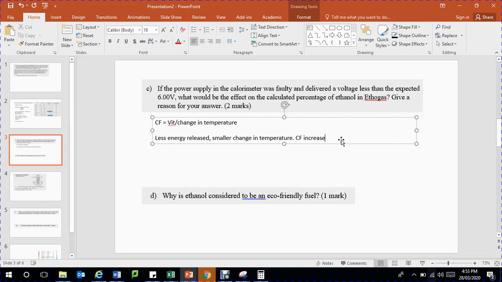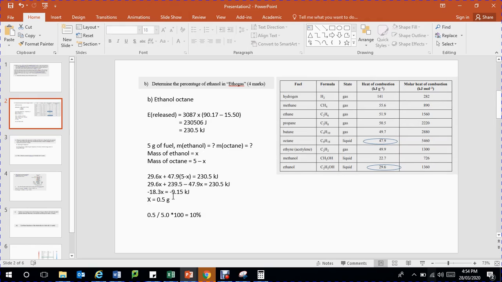Because of that calibration factor increasing, that means that when I calculate the energy content of my ether gas, that's going to be larger. Now, if we looked at our ether gas from our calculations previously, in that 5-gram sample, I only had 0.5 grams of ethanol.